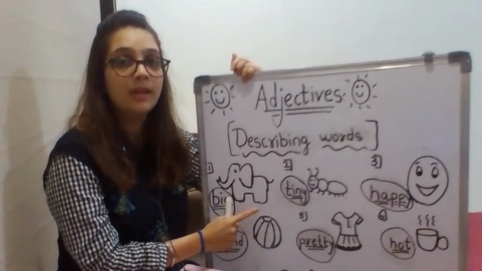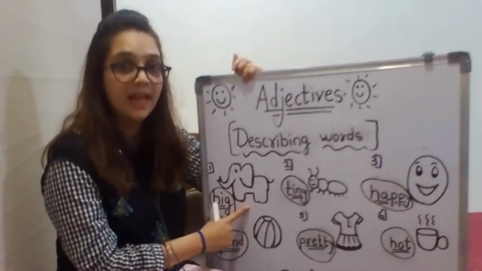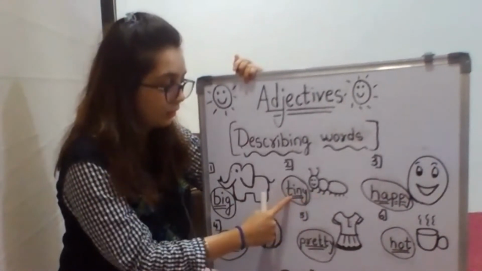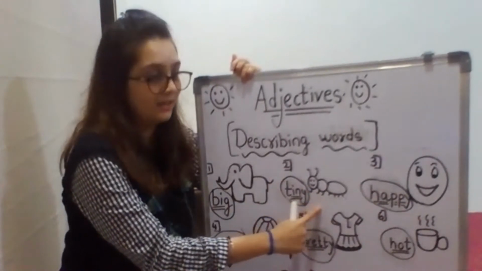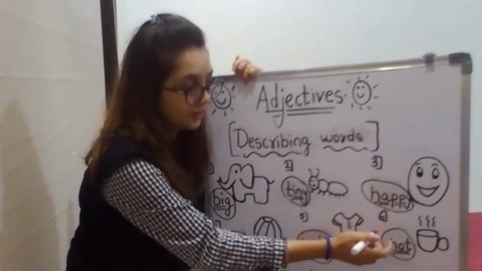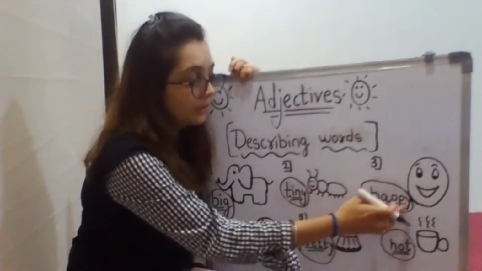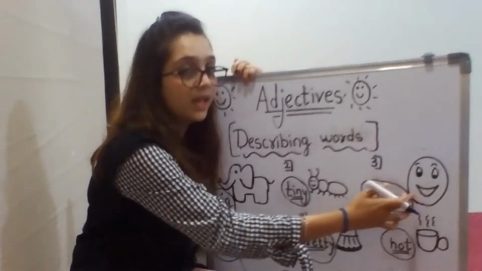Elephant is a noun. So the word big is describing elephant. Next picture is of an ant. So the word tiny is describing the ant. Third picture, happy face. So over here, the word happy is describing the face. That is a noun.